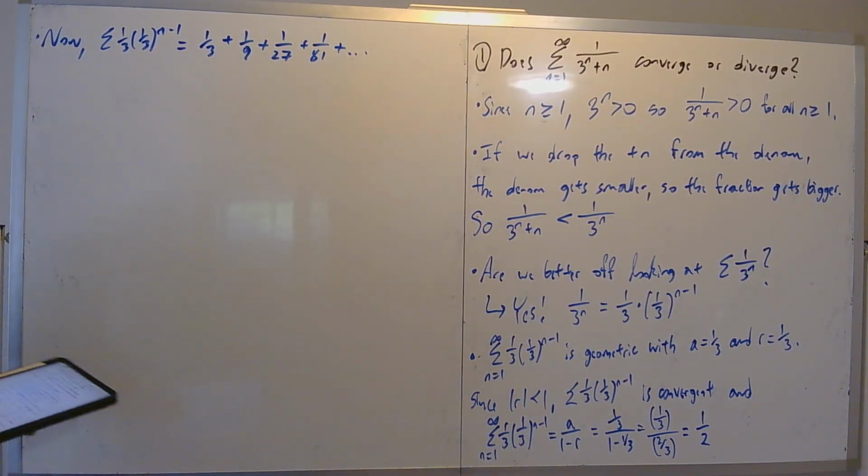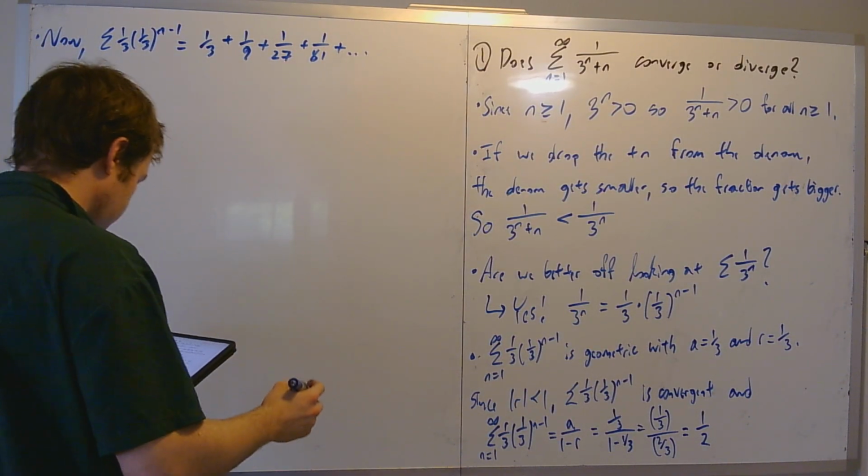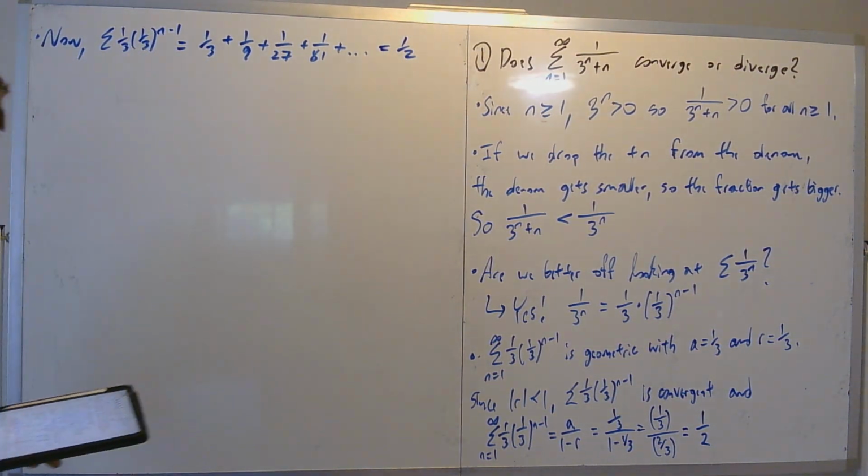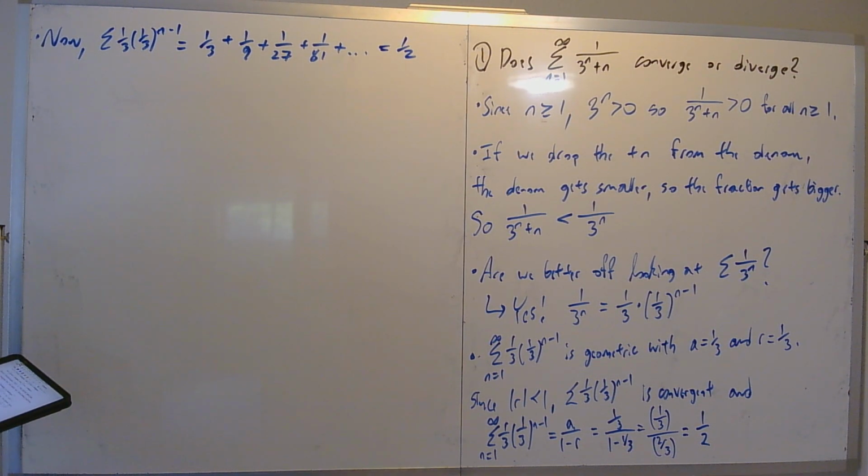We just take the powers of 3 in the denominator. And we said that this was actually equal to 1/2. That's what we just solved right there, using the fact that it's a geometric series.